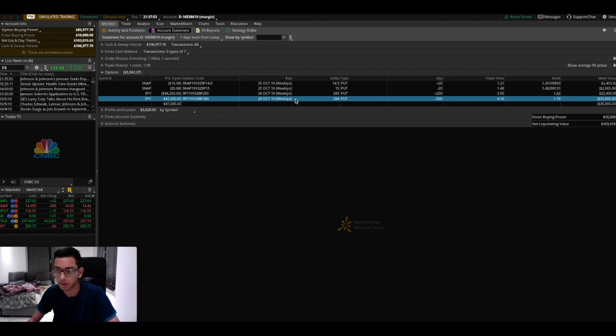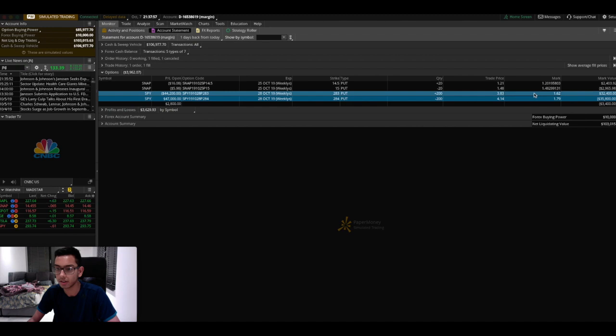I traded at these prices here, and obviously you have to multiply them by 100. So my net credit I received was 162 minus 179, which is 17. So I received 1700 from this, and right now my profit from this has been 3,000.